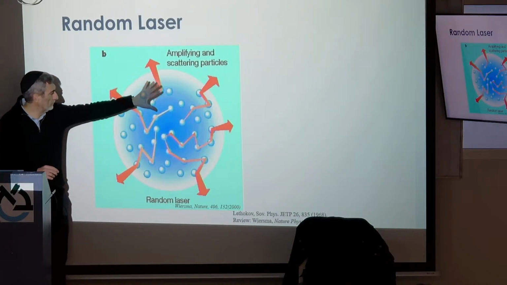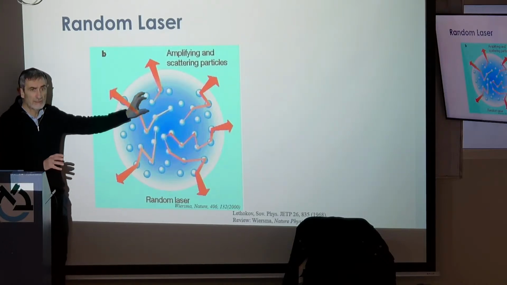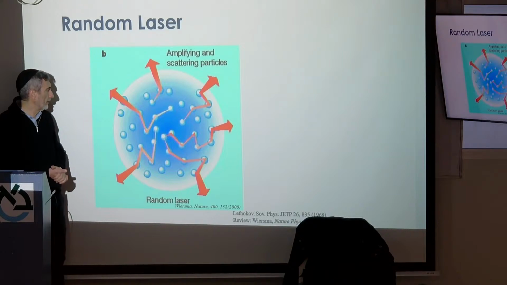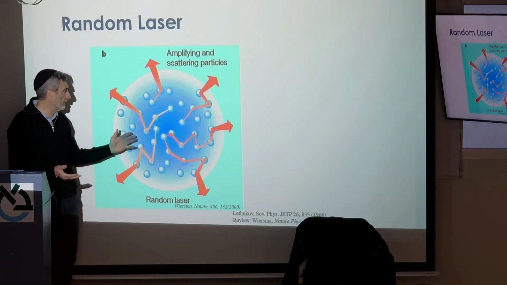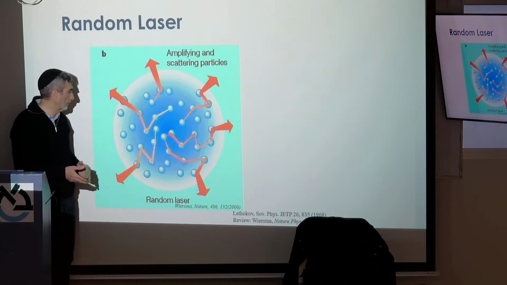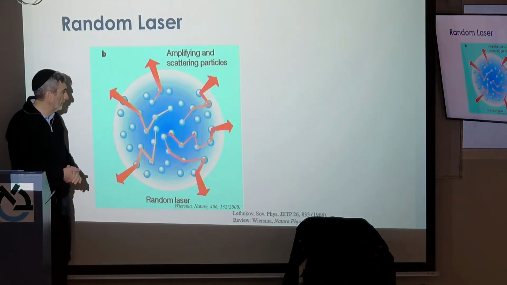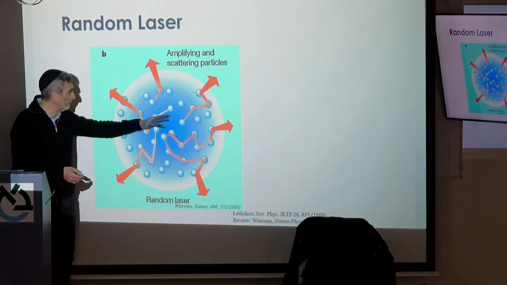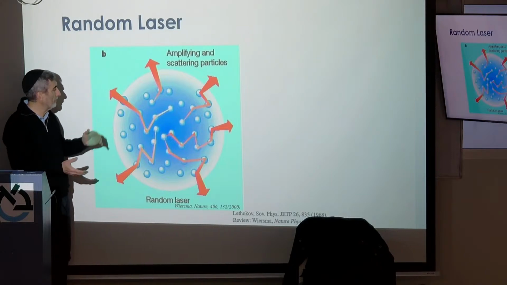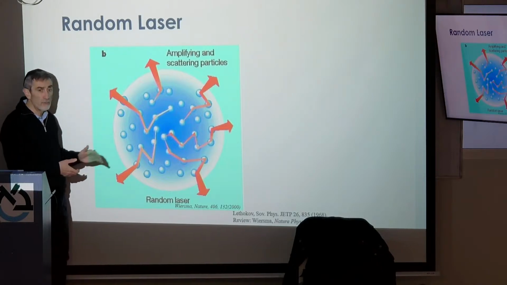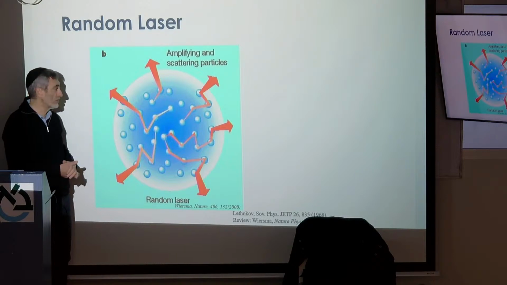This blue region is a gain medium filled with scatterers. Light will be spontaneously emitted by the medium, and will be scattered by those objects and will exit from the system. The question is, can we get lasing in that condition?